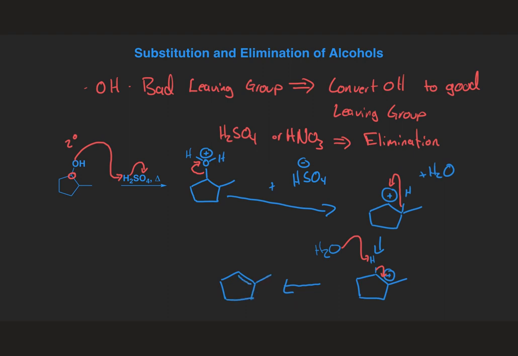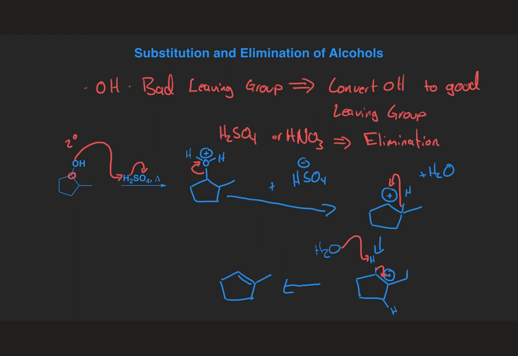Like so. Now I chose to remove this proton here to get that product. There are three other carbons that are connected to that carbocation. This hydrogen here would give me the identical product, so I'm not going to worry about drawing the mechanism for that.